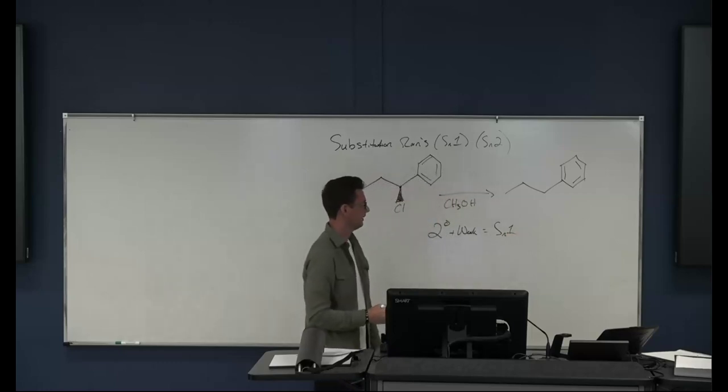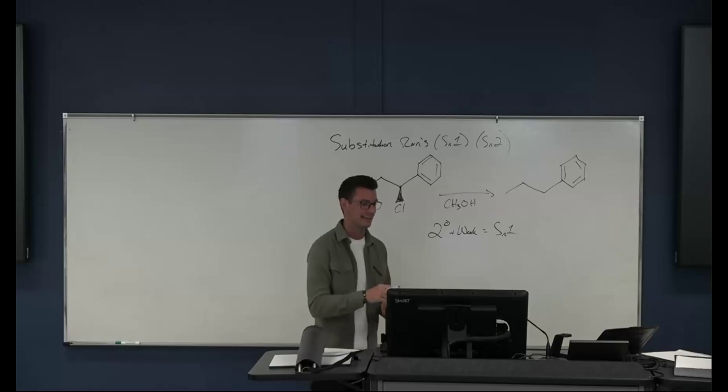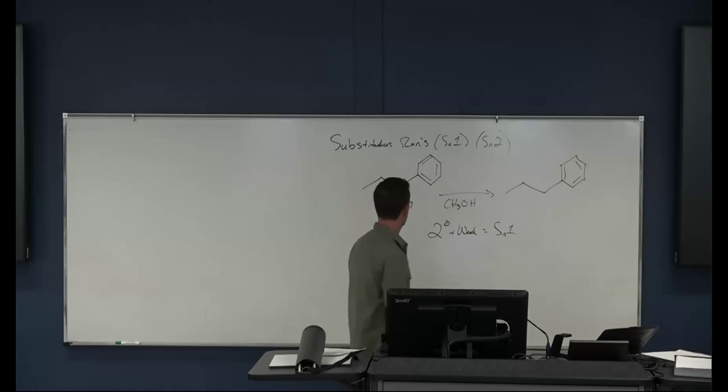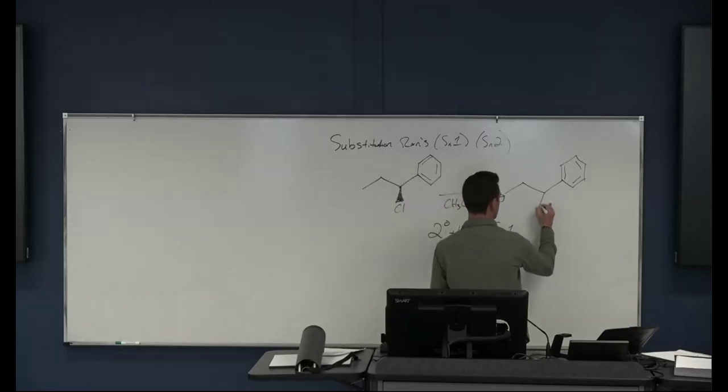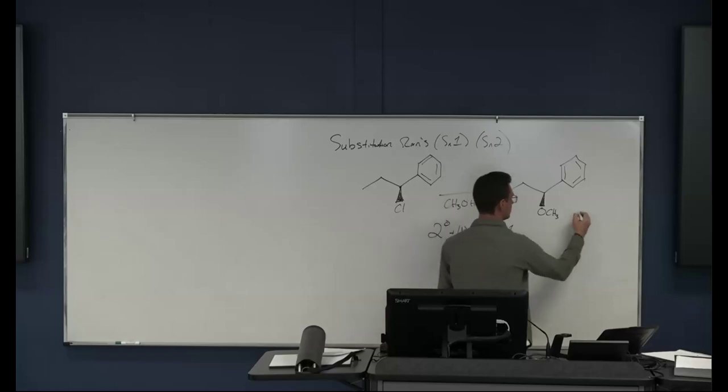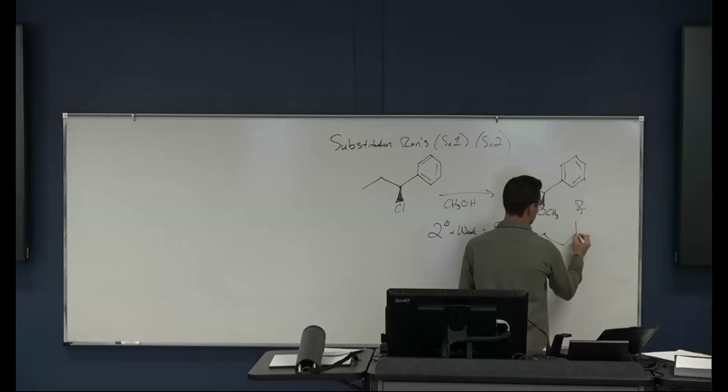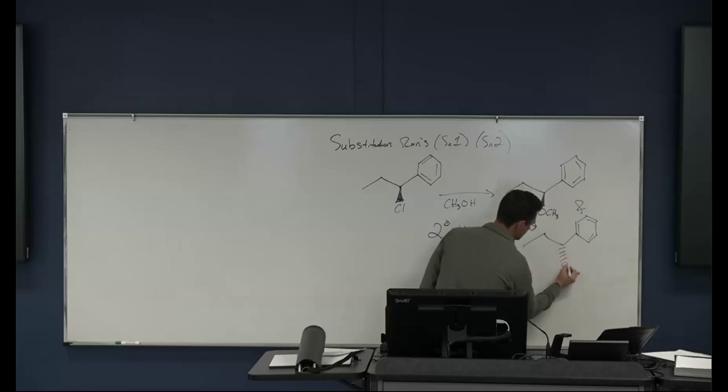What the products are going to look like is, again, we have retention and inversion for Sn1 reactions. So we're going to have the product that stays wedged, and an enantiomer which is dashed.